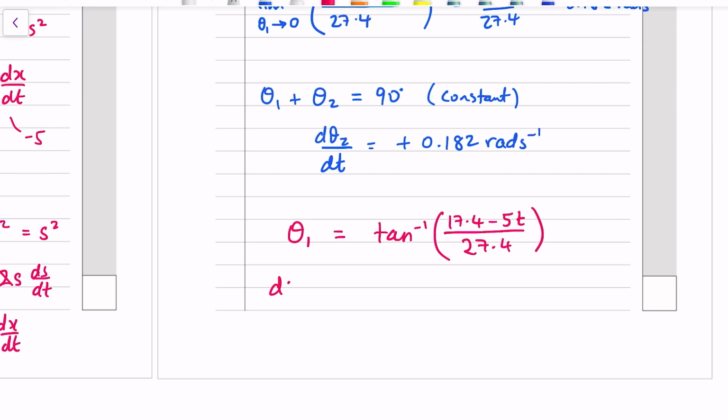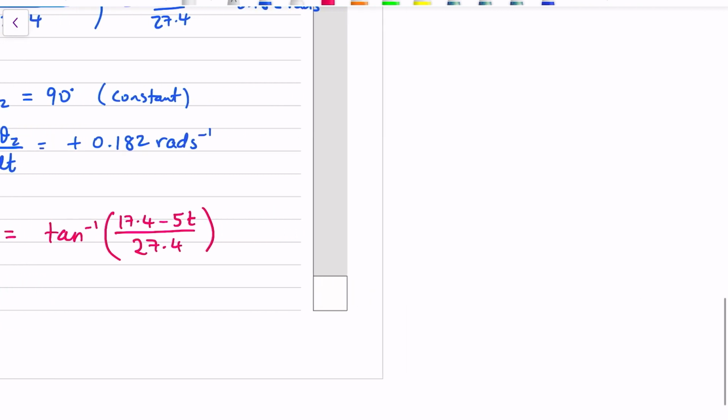We can differentiate directly if we know how to differentiate the inverse tan function. And I've covered this in other videos, but if you've never seen it before, the derivative of the inverse tan function, arctan, is 1 over x squared plus 1. Okay, you can look up, there's heaps of proofs of that on the internet.